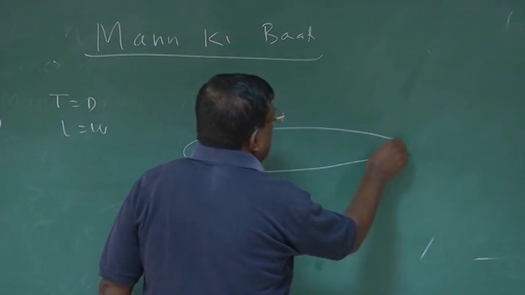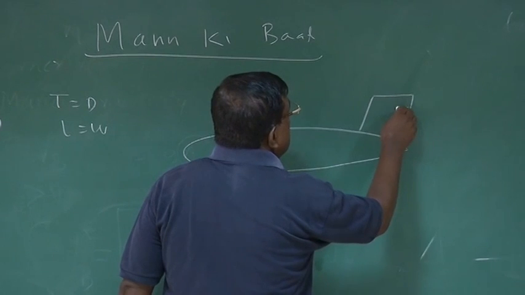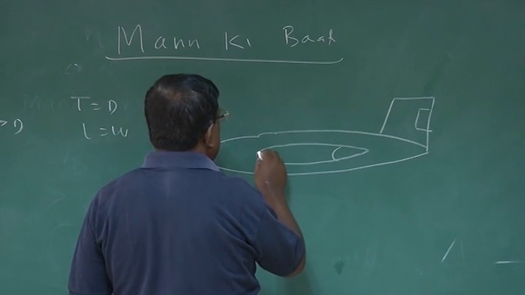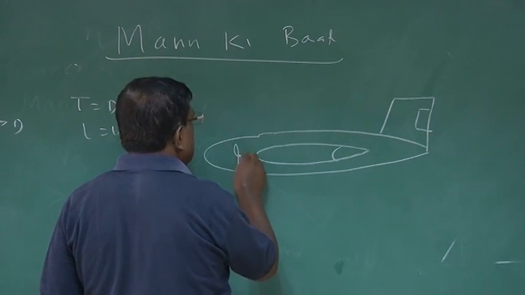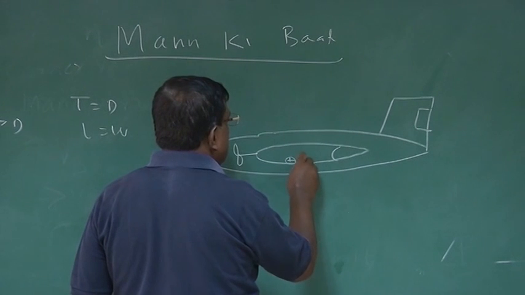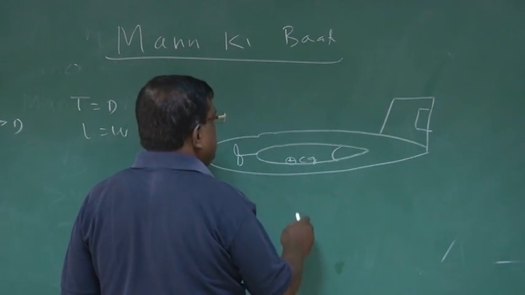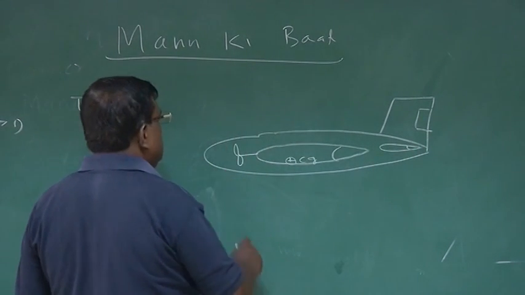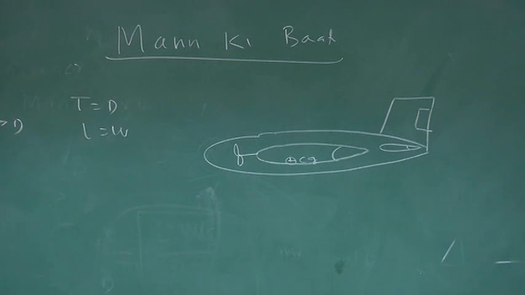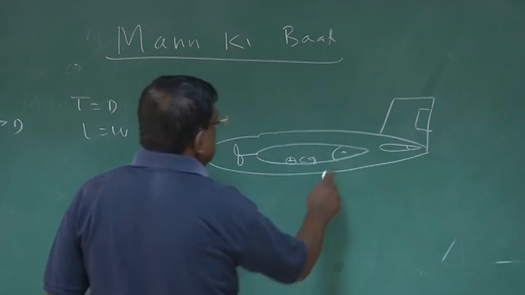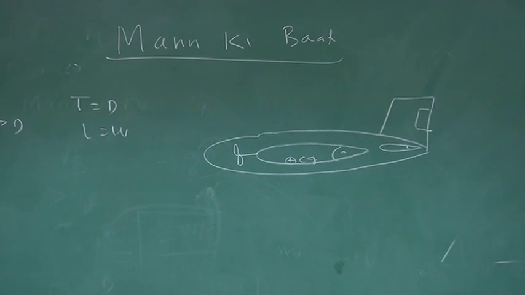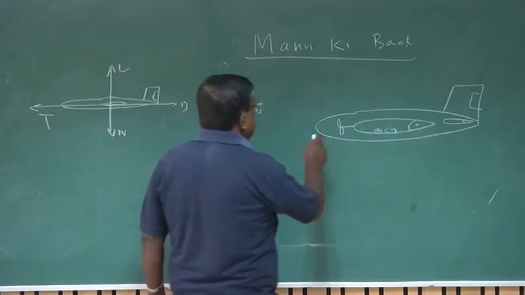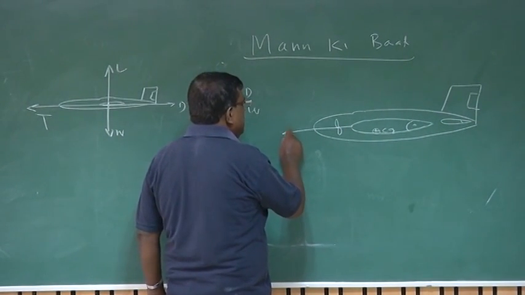Let us see a typical airplane. This is a schematic of a typical airplane, and when it is flying, actually what is happening? This portion gives the thrust.